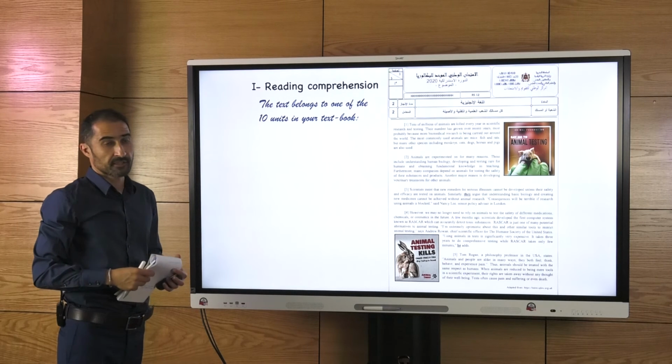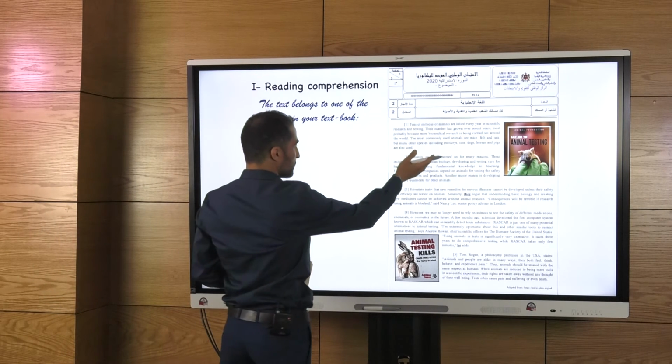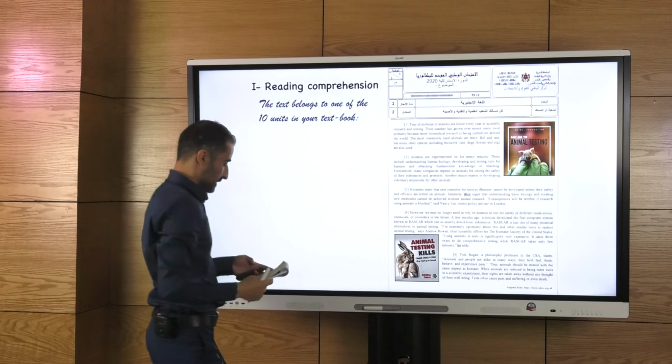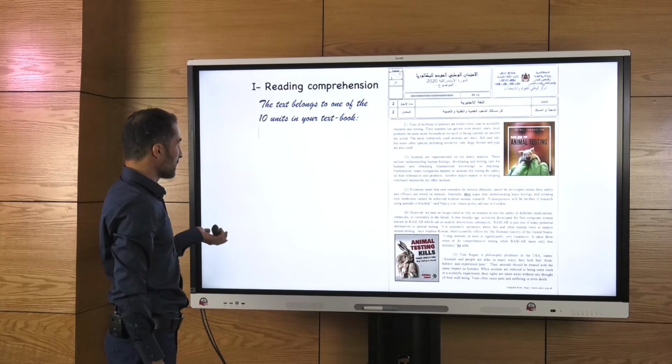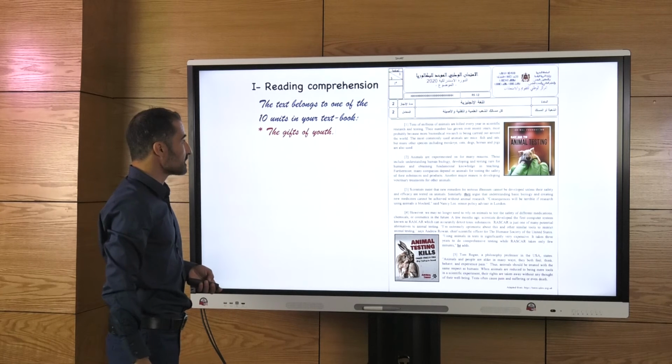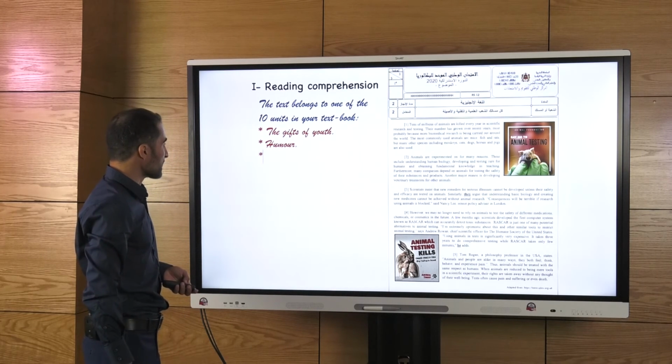So as we have just seen, try to build a link between the text and what you've seen with your teachers. As you know, you've seen 10 units, which are covered in the 3 textbooks.